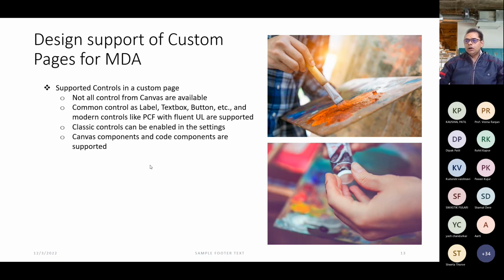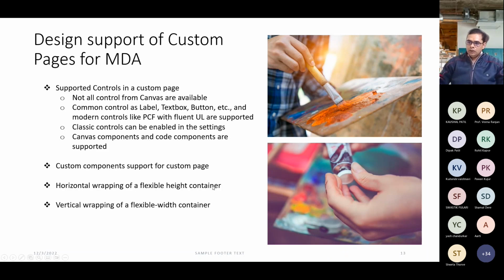Classic controls, I mean the controls that we use on the CRM entity form, can also be enabled over the custom pages. But the objective of the custom page is to make it funky, so I don't think the majority of people are going to use the classic controls over the custom pages. Again, they support low code and pro code.